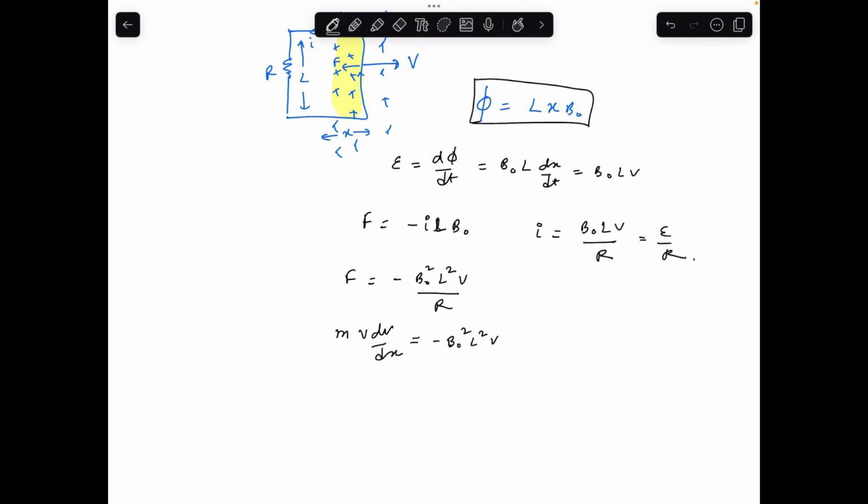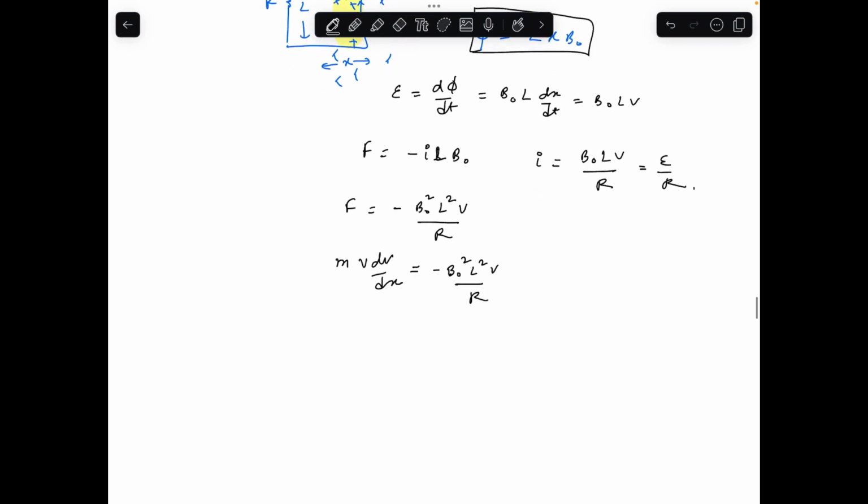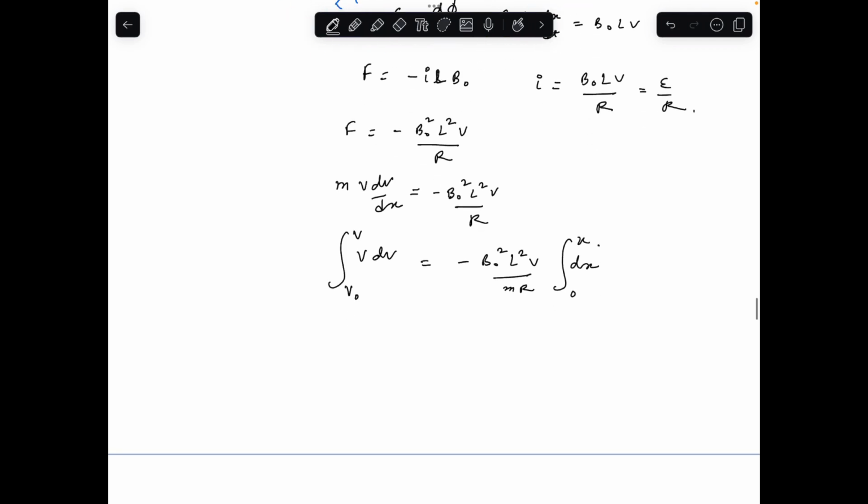So minus B naught square L square V by R equals m V dV by dx. So V dV equals minus B naught square L square V by mR dx, integrating from 0 to x, with V changing from V naught to V. One V is cancelled here, correct? So you get only dV.